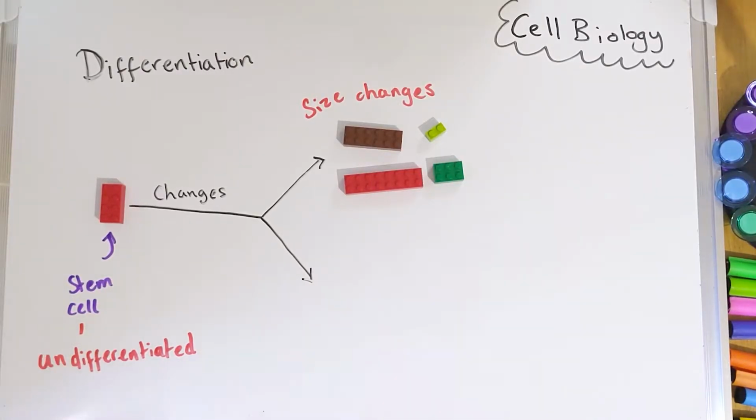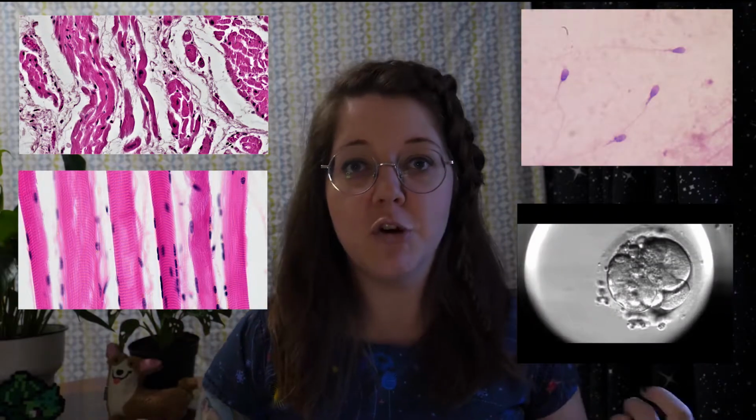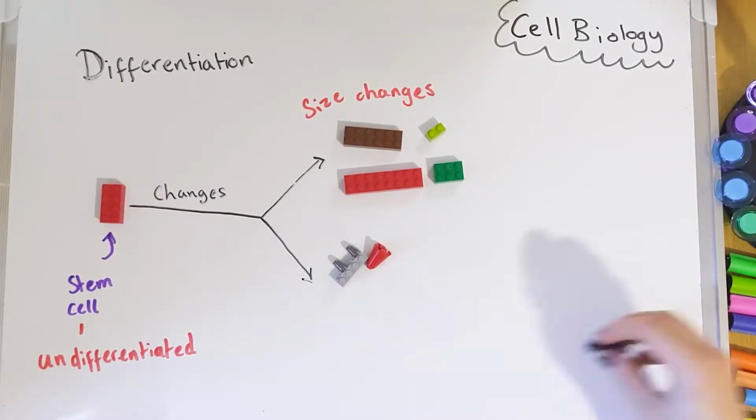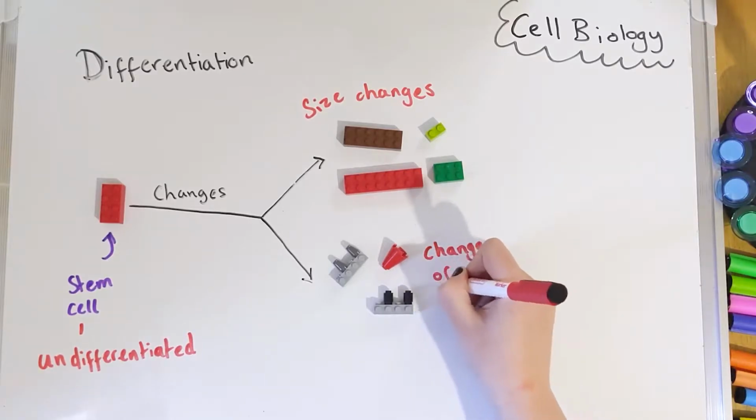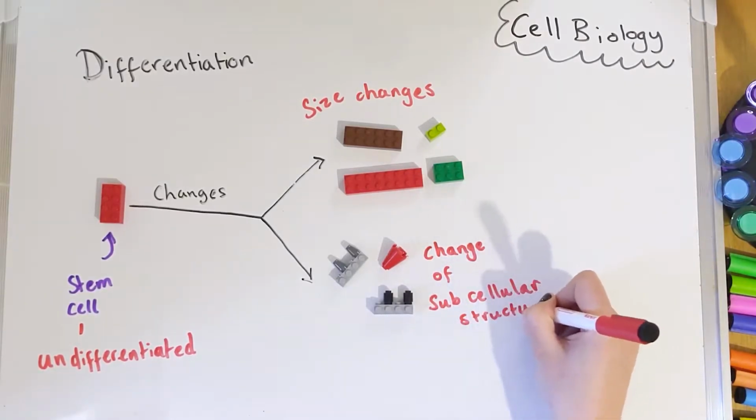So you'll go from what is just a generic looking skin cell to your muscle cells, the muscle cells in your heart, which look different to the muscle cells in your skeleton, your sperm and egg cells, and your neurons. And in case you've forgotten, check the previous video. The parts inside the cell, your mitochondria, your ribosomes, are your subcellular structures.